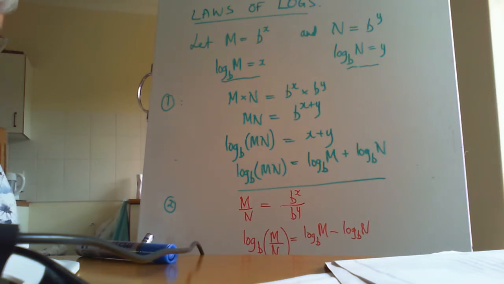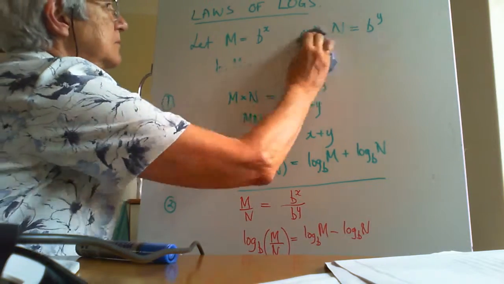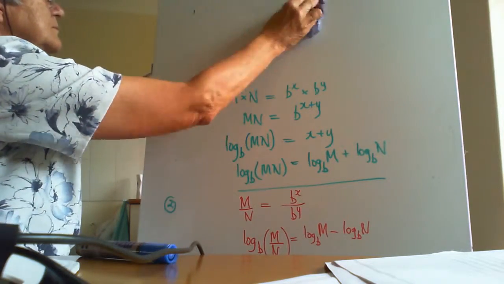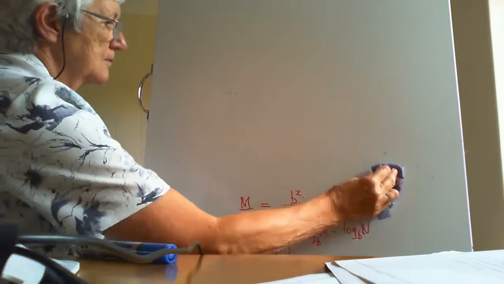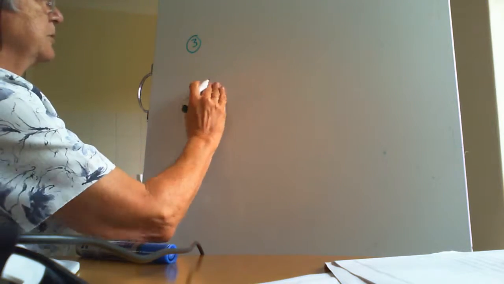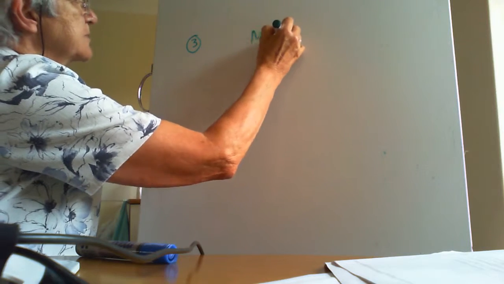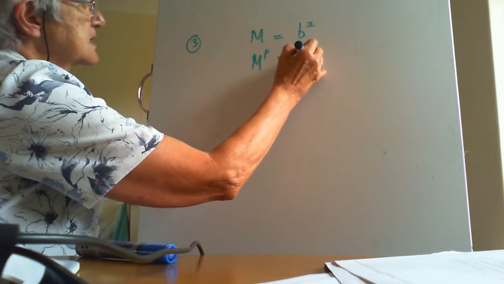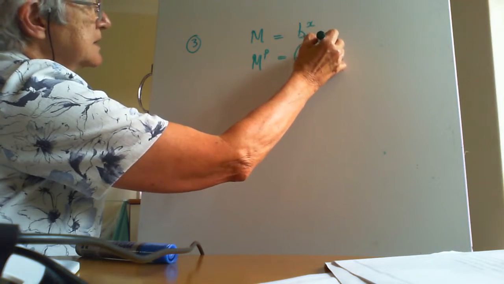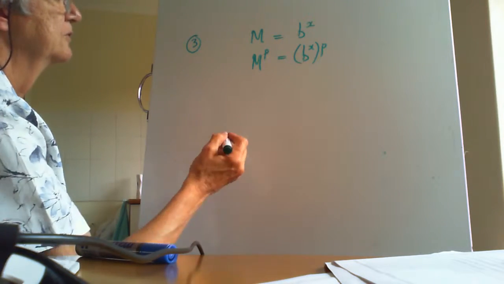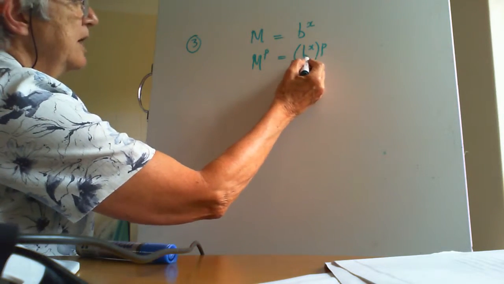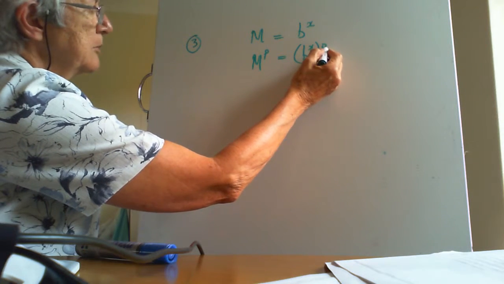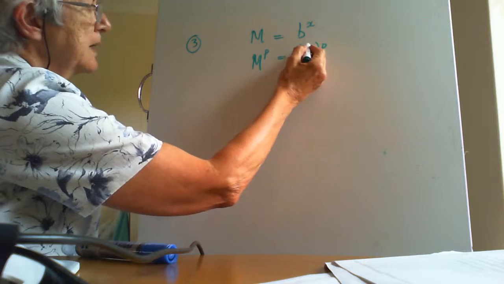And then the third law is to do with raising m to a power. Remember, m was b to the power x. So if I raise m to a power p, that's the same as raising b to the power x to the power p. Now if you think back to your laws of exponents, when you have b to the power x raised to the power p, what rule do you apply with the x and the p?